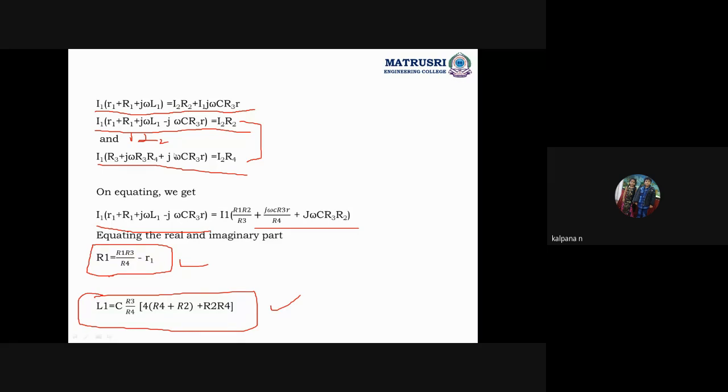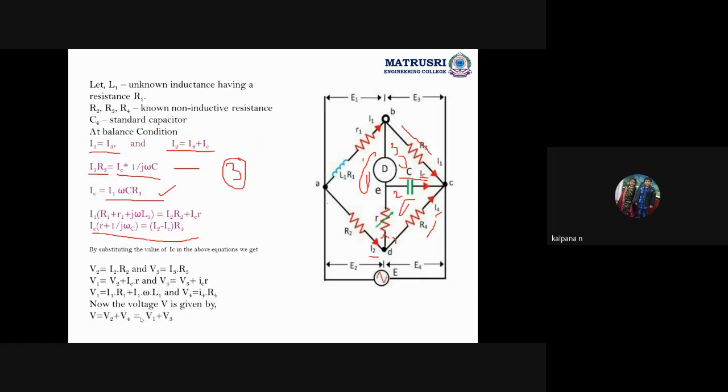Both the equations we are writing I2 as I2 is equal, and after then the RHS side in both equations is same, so we are equating LHS side. After equating LHS side, separate real and imaginary terms. After separating real and imaginary terms, we are getting R1 as this one, L1 as this one. So this is the theory of Anderson bridge.